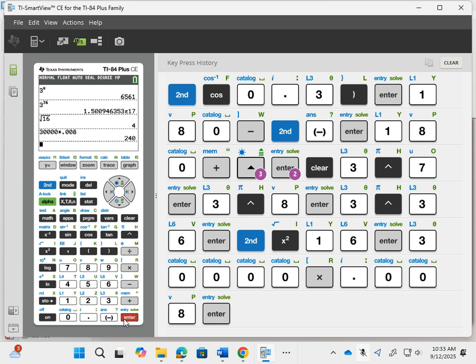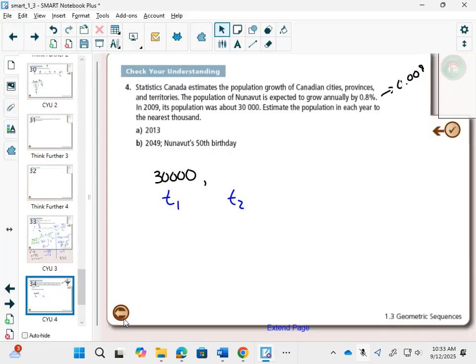And so if it's growing by 0.008, does it make sense that I could write 240? There we go. So that would be term 2.